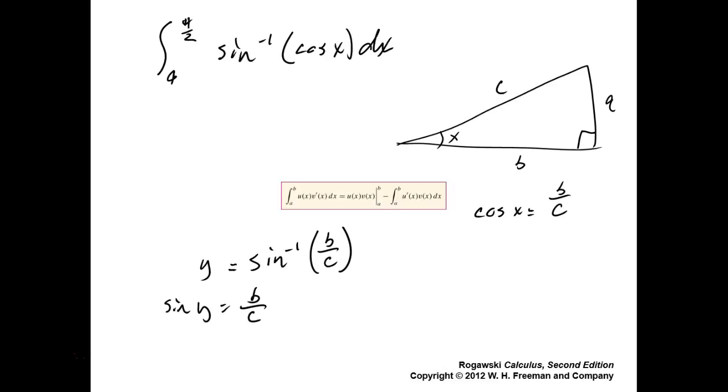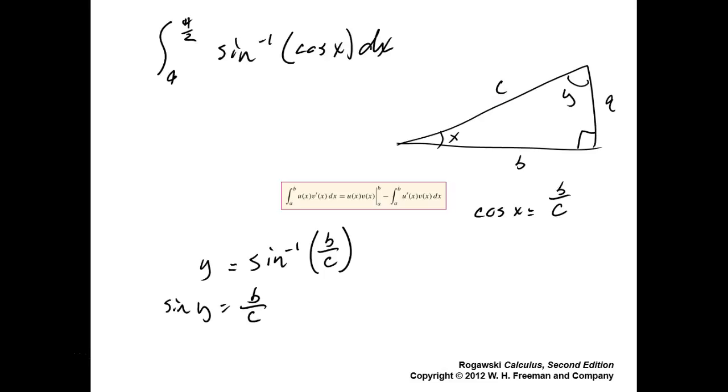What angle would have a sine of B over C? That angle right there has to be your y, because the sine of y would be B over C, opposite over hypotenuse.